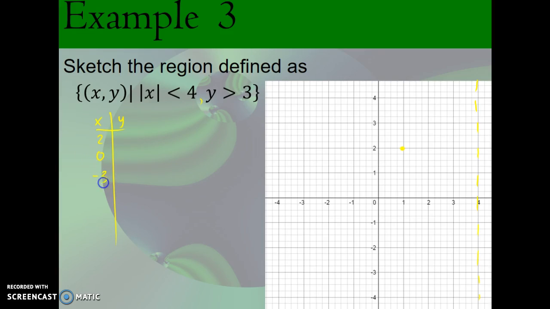If x is negative 3, the absolute value turns it positive, which would be okay. So it's actually going to have me stopping at negative 4, because once I go to negative 4, then I'd be out of bounds. So anywhere in this region is happy right now. But I only want y values that are bigger than 3. Dash that out. And now I have this whole region of the graph. Those are all my feasible region.